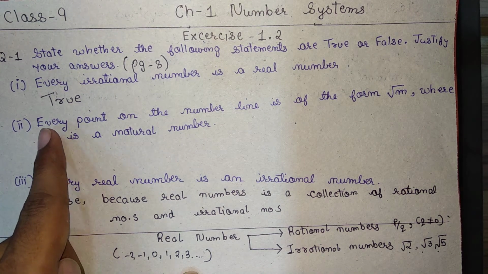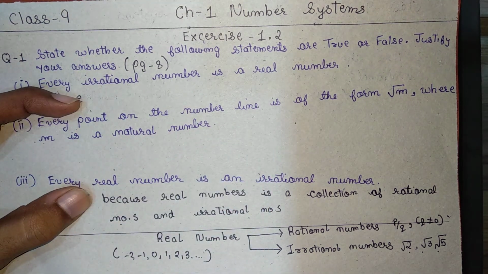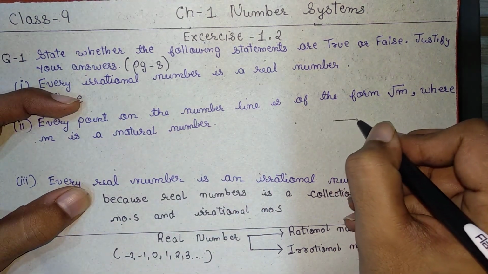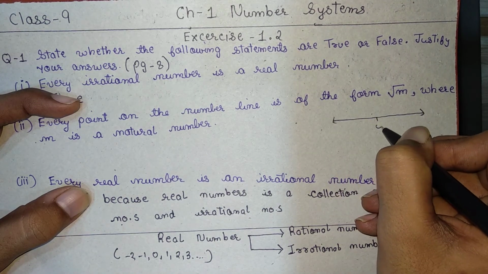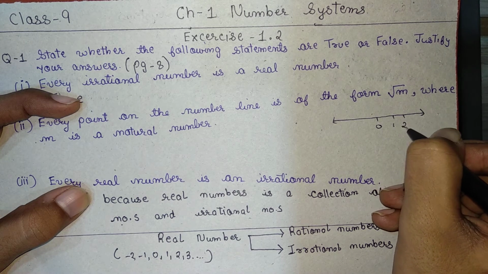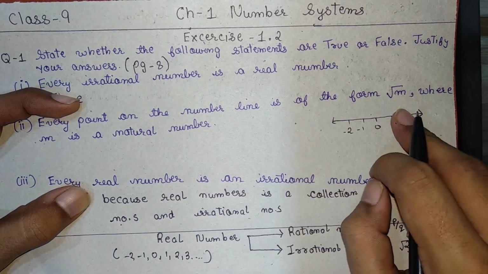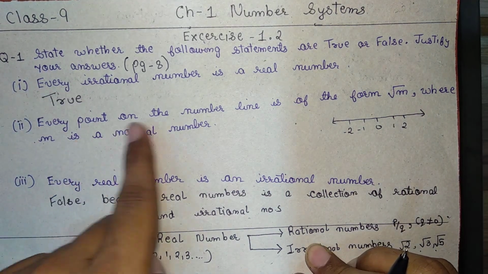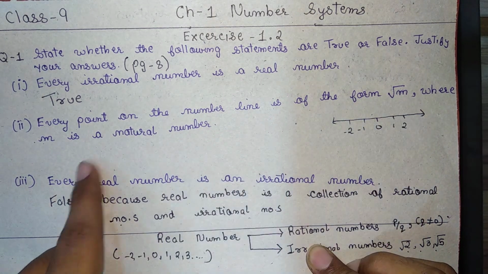The second question is, every point on the number line is of the form root m, where m is a natural number. Which are the points on the number line? 0, 1, 2, -1, -2. Can every point on the number line be written as root m, where m is a natural number?